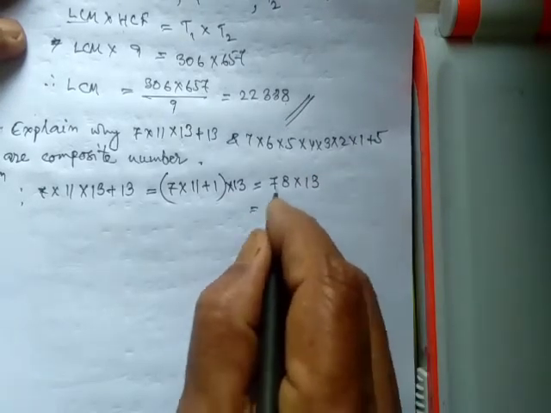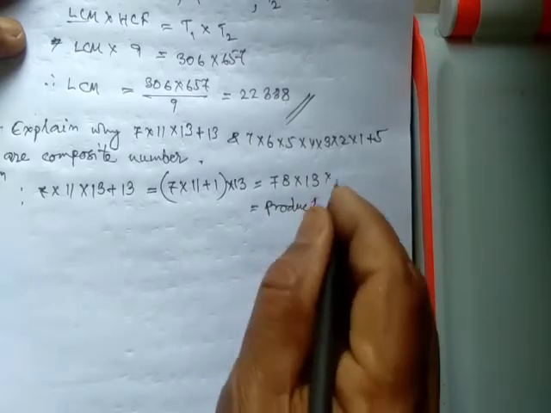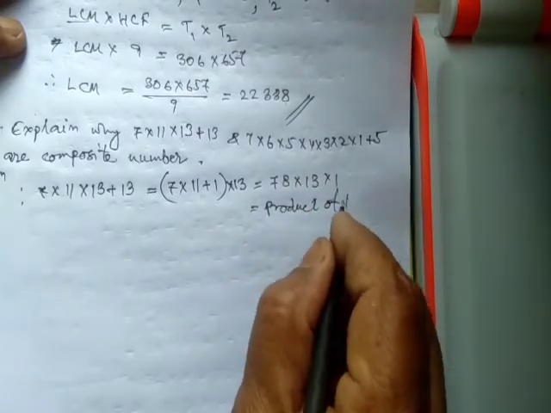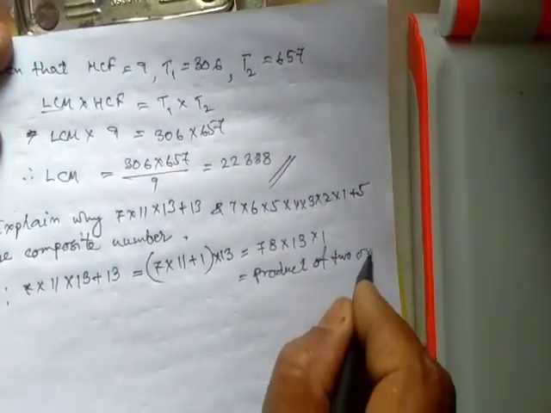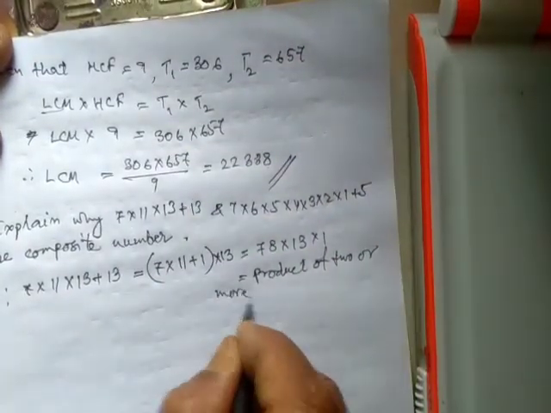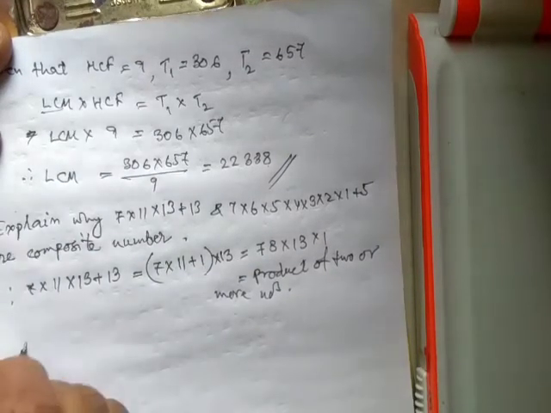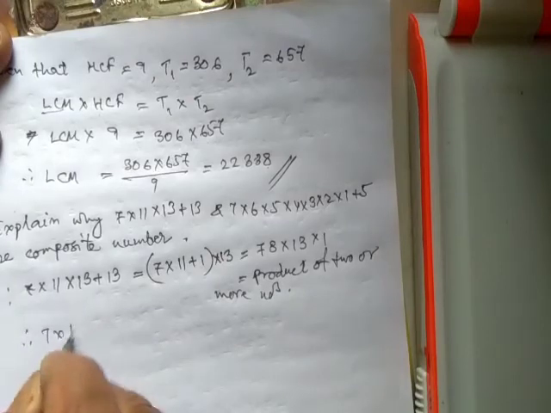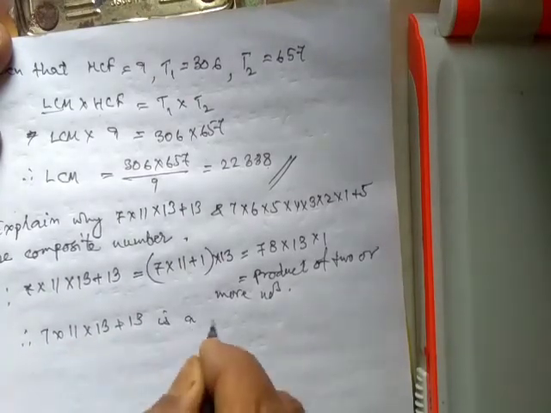This is a product of two or more numbers. Therefore, 7 into 11 into 13 plus 13 is a composite number.